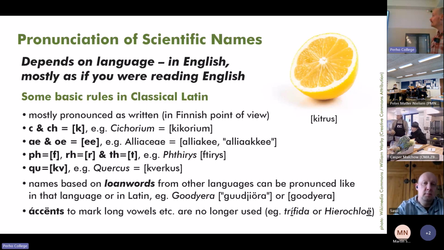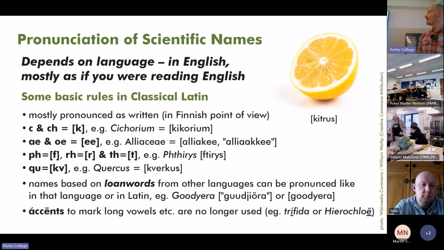But there are good guesses. Well, anyways, in English, the scientific names are pronounced as if you were reading English out loud. And that, for a non-English speaking person, might be a bit difficult. You might have to learn to pronounce each scientific name.